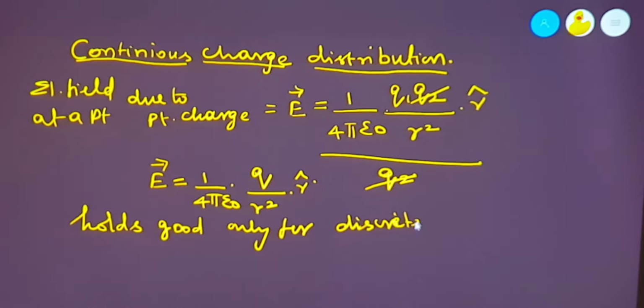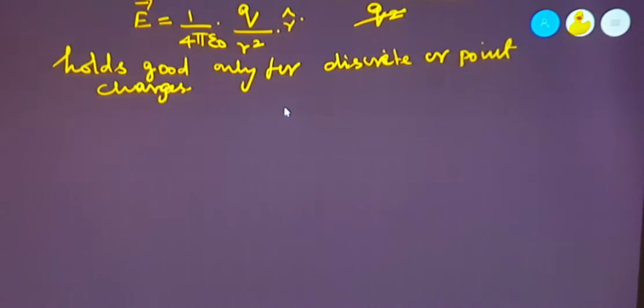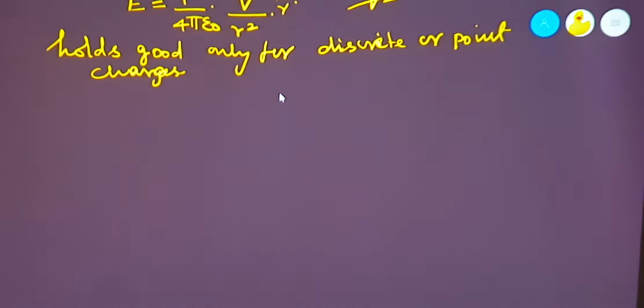Today, instead of the charge being a point charge or a discrete charge, if you have a charged sphere, a charged wire or a charged surface area, what can we do? That is what we call continuous charge distribution.